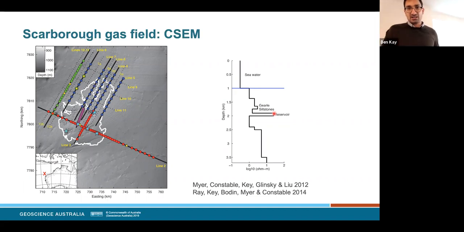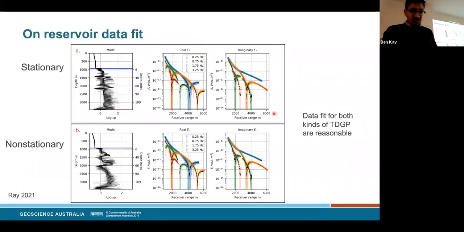And so what we were able to do using transdimensional Gaussian processes is model that horrible geological setup in the on-reservoir area. And you can see that both around where you expect to see the girly siltstones and around the reservoir, you've got these sharp peaks.